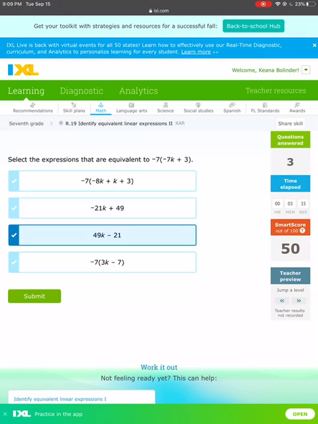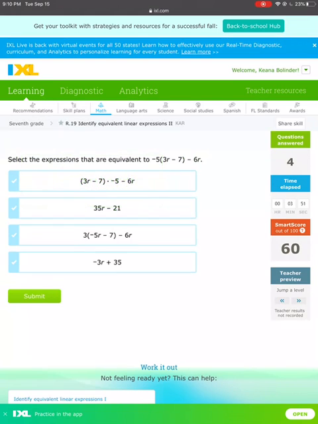If we go into parentheses, if we combine our like terms, we get a -7k plus 3. So that one's going to work because if we combine the like terms, it'll work. And then the fourth one, we'll get a -21k, which we don't want a 21k, we want a 49k. So those two are going to work.